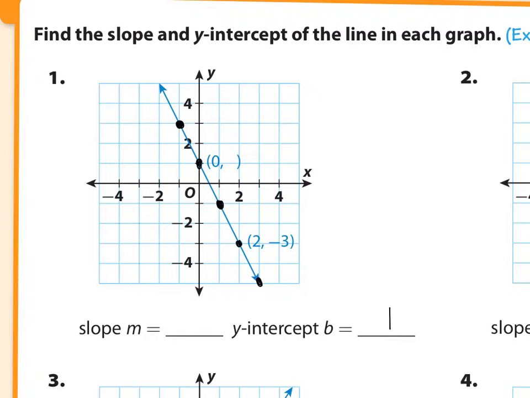How much am I rising? Am I going up or down? I'm going down how many times? 2. Down 2 and over 1. So negative 2 is my rise. 1 is my run. So negative 2 is my slope.